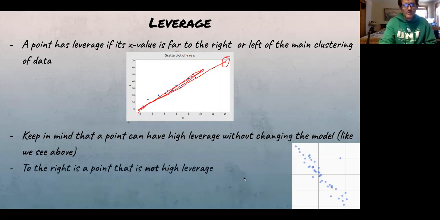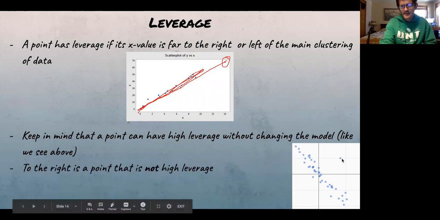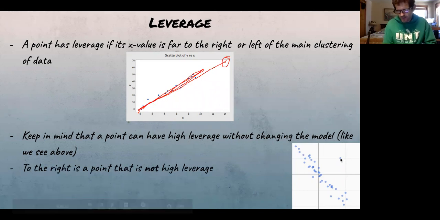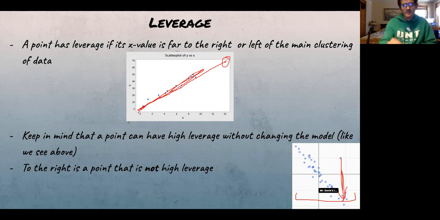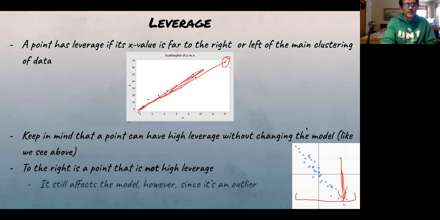Now this one to the right is not high leverage. Its x value is not separated from the main clustering of data. Here's the main cluster of data, and this is falling right in the midst of it. So no leverage there. It is an outlier, and it could affect the model. We'll talk about whether it will affect the model or not.